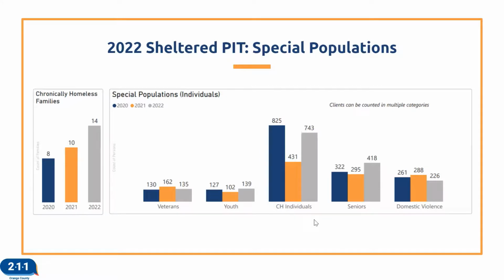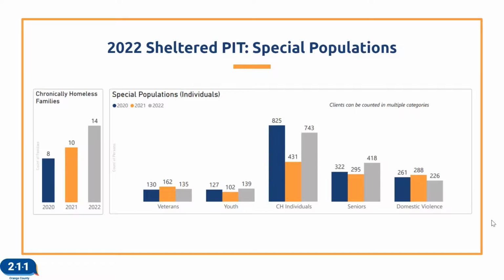For veterans and youth clients, we've stayed fairly consistent over the past 3 years. We've had some fluctuation in the number of chronically homeless individuals. We've also seen an increase in the seniors that have been included on the sheltered point in time. And then domestic violence has also stayed fairly consistent.